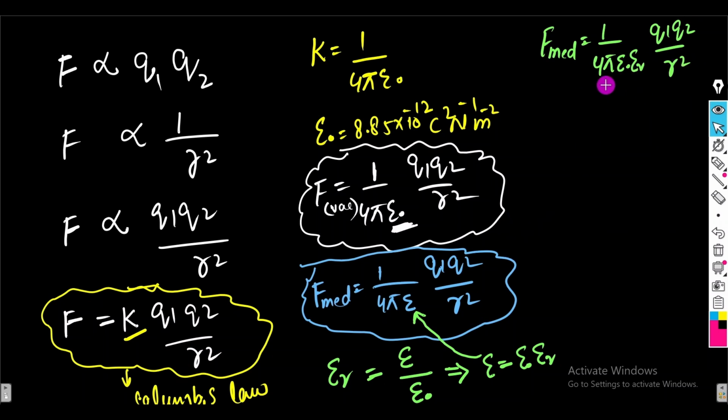Let's simplify further: F medium is equal to 1 over 4 pi epsilon naught Q1 Q2 by R square, but one thing remains, which is 1 over epsilon r. I have simply rearranged this equation.